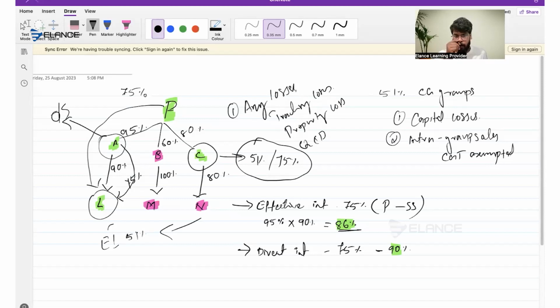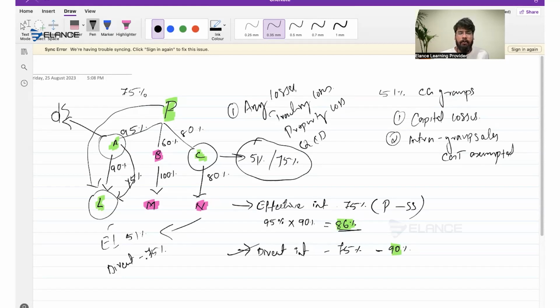Effective interest of 51% is all that is needed, and direct interest of 75%. There is no change in the second criteria for the sub-subsidiary companies joining the 51% group. The first criteria of effective interest 75% is reduced to 51%, and the second criteria, direct interest of the parent in the sub-subsidiary, should be at least 75%.